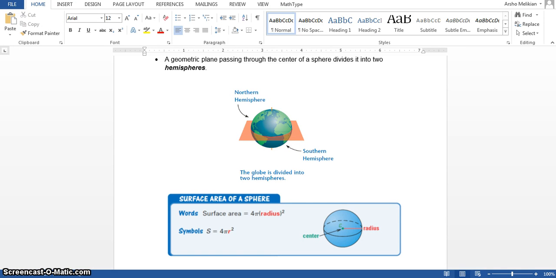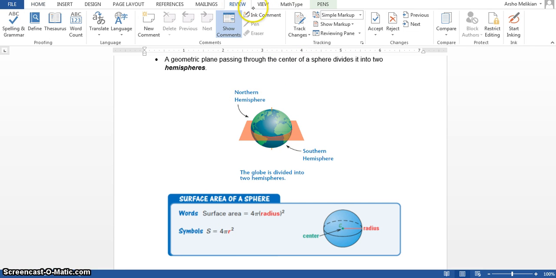To find the surface area of a sphere, the formula is 4 times pi r squared.